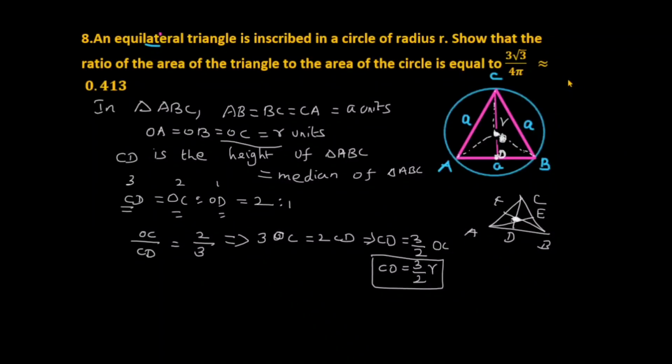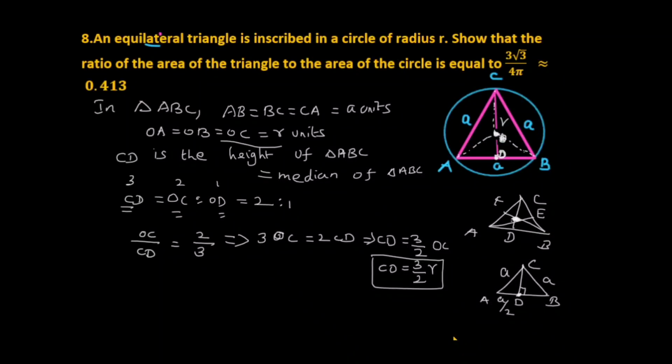The next point for the equilateral triangle. Next, in an equilateral triangle CAB, we are taking the height CD. I told A units, all the sides are A units, D is the midpoint. So AD is nothing but A/2, because the height is nothing but the median of the triangle.